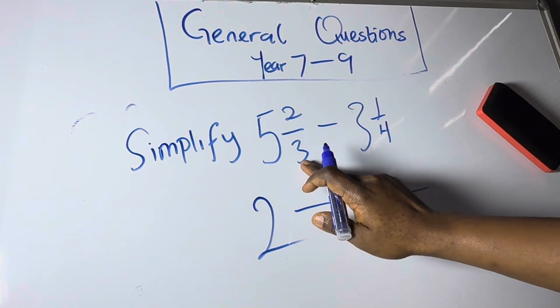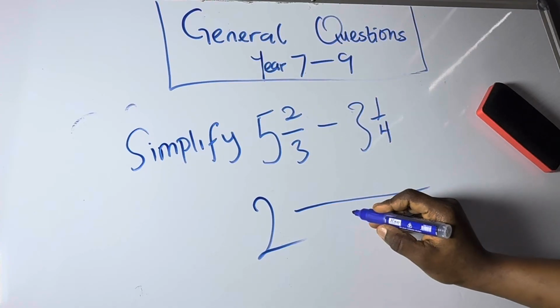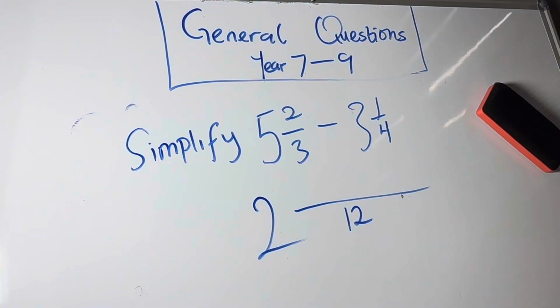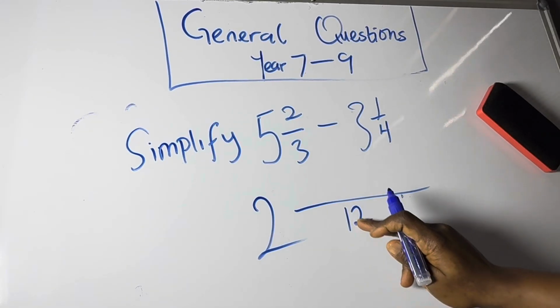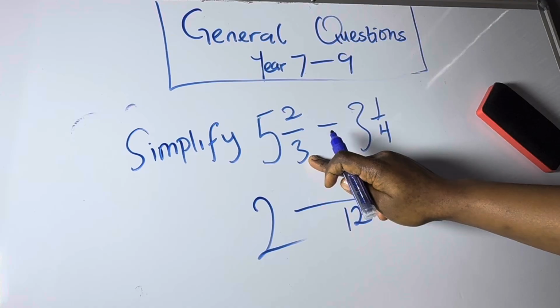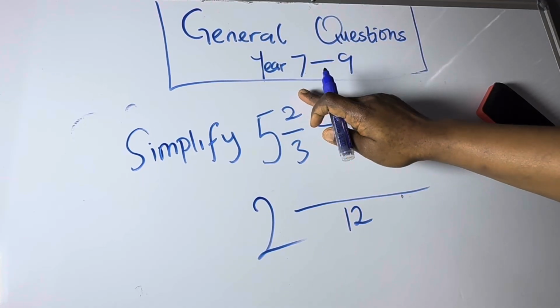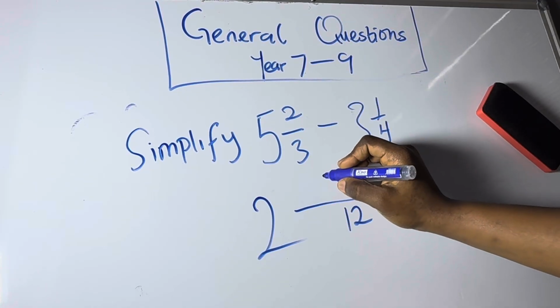Now the LCM between 3 and 4 is 12, because 12 can go in 3 and 12 can also divide 4. Now 12 in 3 is 4. 4 multiplied by 2 is 8.